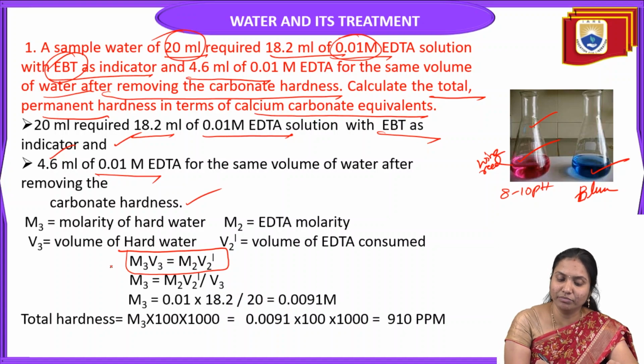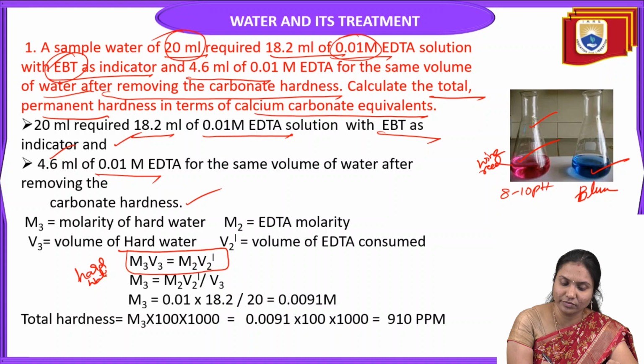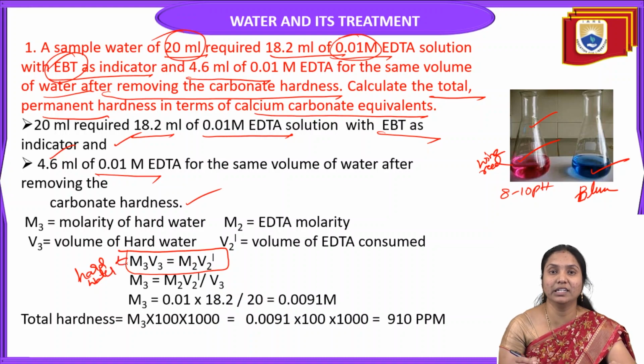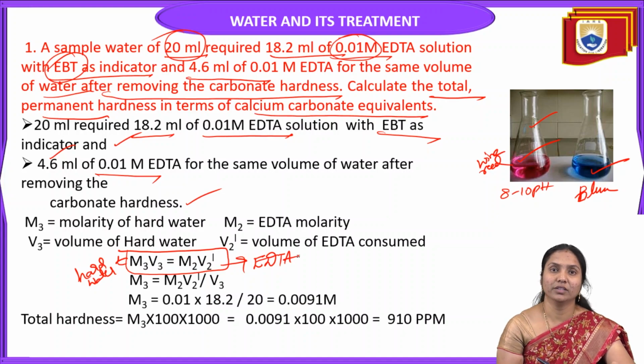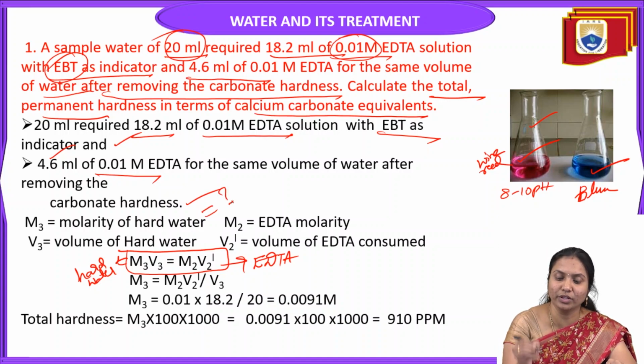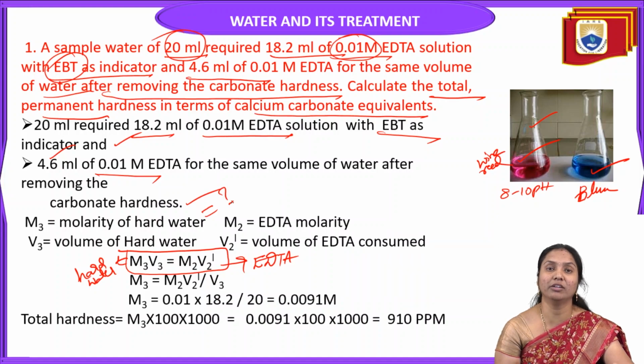Here M3V3 is related to hard water and M2V2 is related to EDTA. M3 is the molarity of the given hard water. We don't know that value, we have to find it out, so put a question mark.